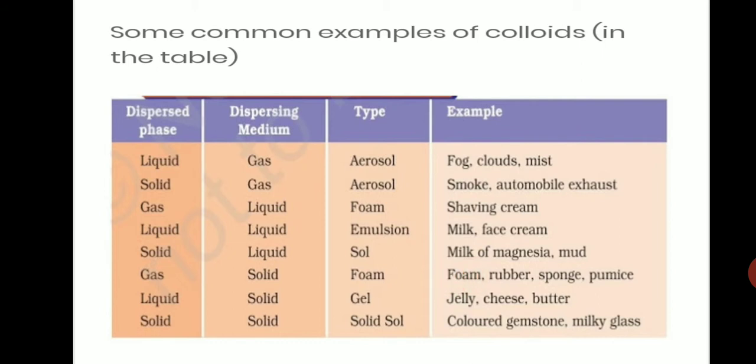Next is solid dispersed in solid. Here solid in liquid we call sol, and here solid in solid we call solid sol. Colored gemstone, milky glass, that is solid sol. A solid sol is a colloid in which solid particles are dispersed in solid medium.